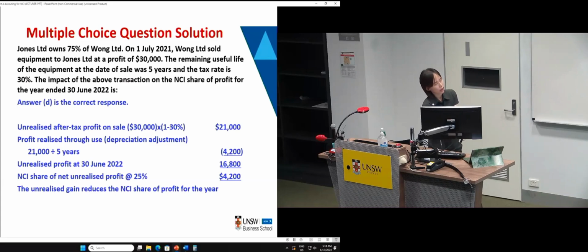Now, what is the NCI share? NCI share is 25%. So you can say NCI share of the current year profit should decrease by 4,200. Okay. Now, what about next year? Next year, there will be an increase.